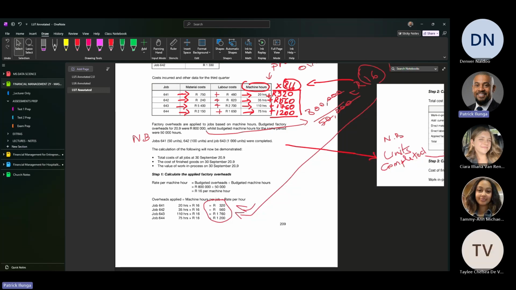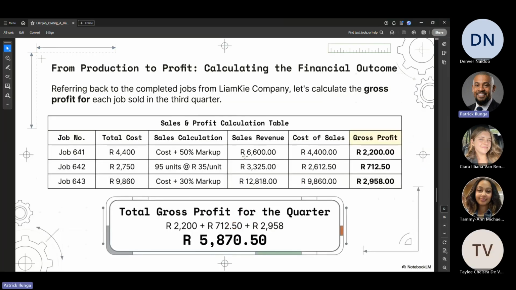That's what I'm talking about. So what I'm saying here is that when it comes to job number 2, it was 100 units that was completed, but it's only 95 that was sold.